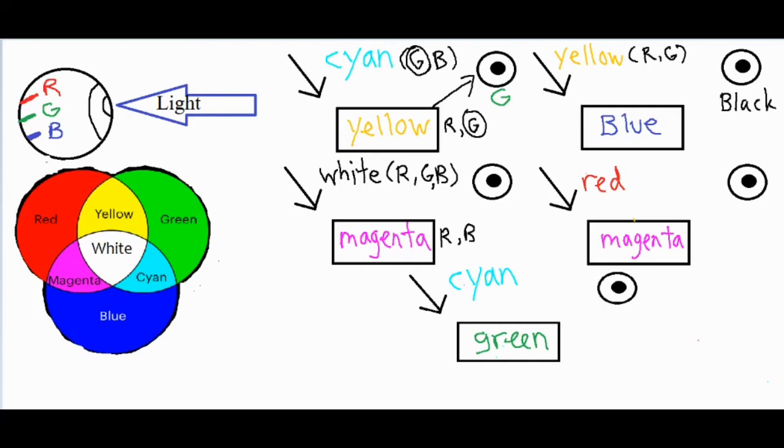This one has 2 different colors in common, which is the red and the blue. It's given red light and it can reflect red light, and it's given blue light and it can reflect blue light. Now, if it has a combination of red and blue reflecting off of that object, then we are going to see magenta.